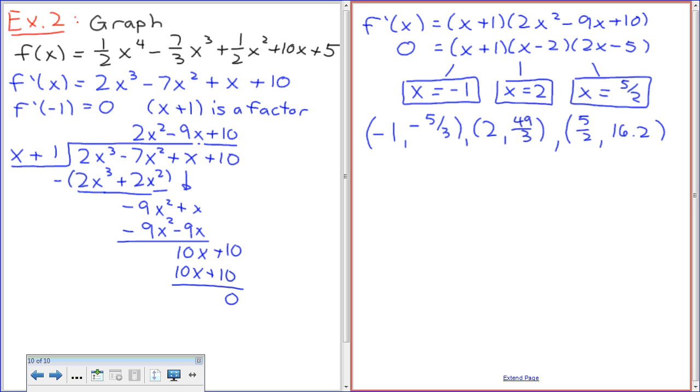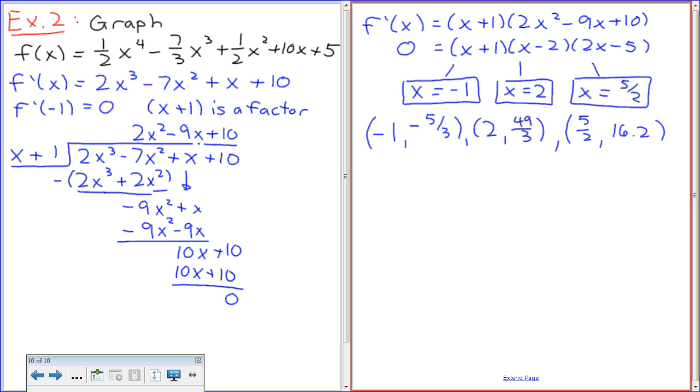So for your test, this graph is 25 minutes, the other graph's 25 minutes, and then 2 word problems for 25 minutes. So if you're saying to yourself, I have no chance of doing this in 25 minutes, it's time to speed it up, because that's how much time I'm giving you. Just think of it, that's how long it should take you.